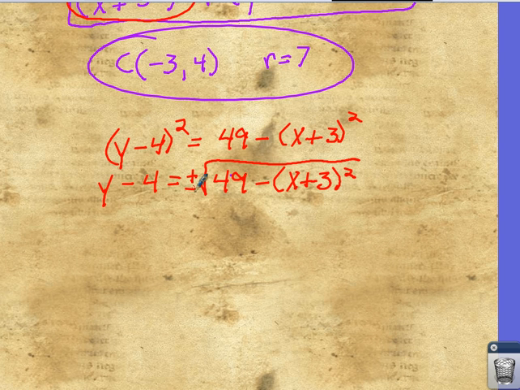If you forget the plus and minus, the plus square root will graph the top part of the circle. The minus square root is going to graph the bottom part of the circle. Let me go ahead and move the 4 over. Minus 4, I'm going to put it in front. So you have 4 plus or minus the square root of 49 minus x plus 3 squared.